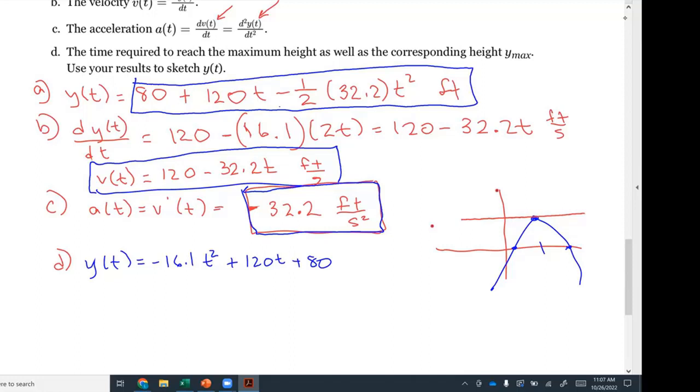If I were to take the derivative of this, because the derivative gives me the slope of the tangent line, and I want to find that maximum point, we can say that it's when y prime of t, which is actually the same as v of t, is equal to 0.